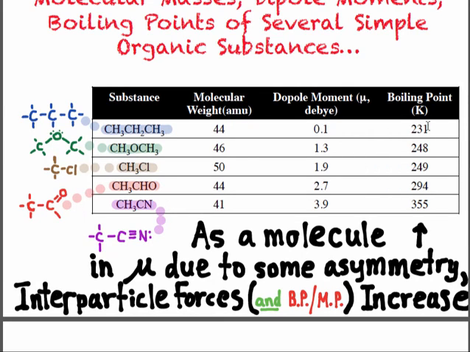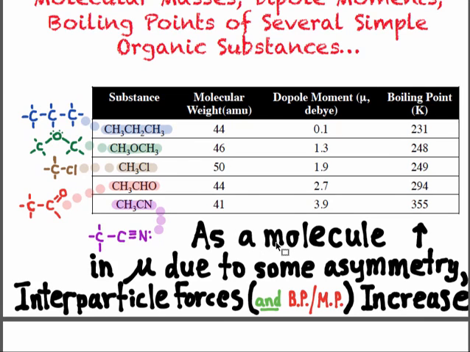The boiling points they measured are 231, 248, 249. That's not much of a difference in boiling point considering the larger difference in dipole moment. But in any case, I can imagine boiling temperatures, but it's more difficult to imagine lopsidedness unless you start to get used to lone pairs and oxygens and electronegativity.